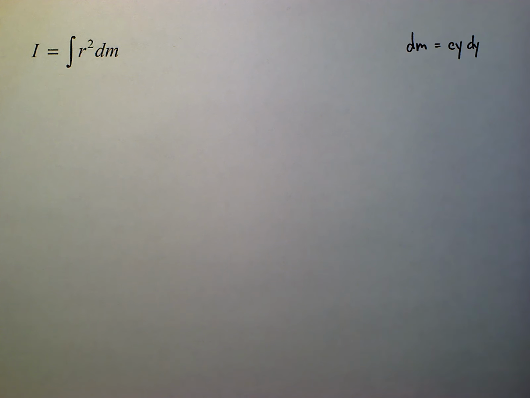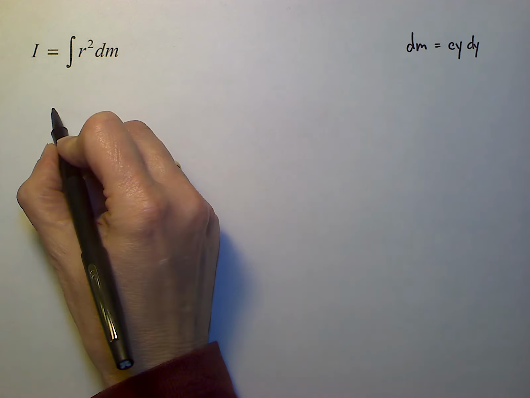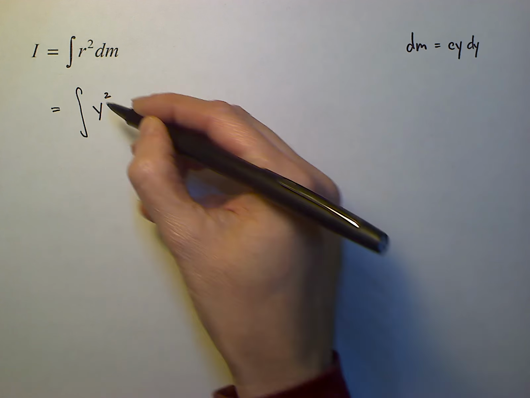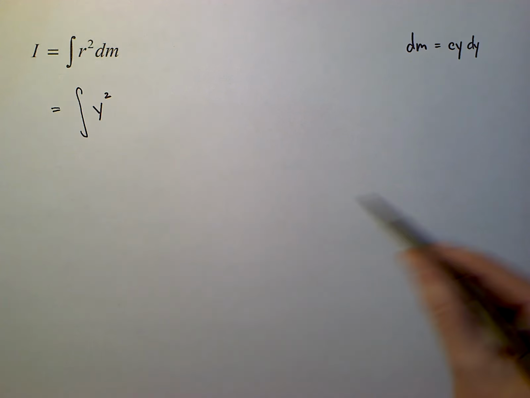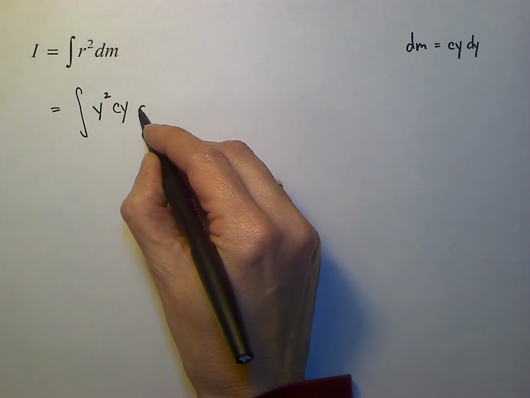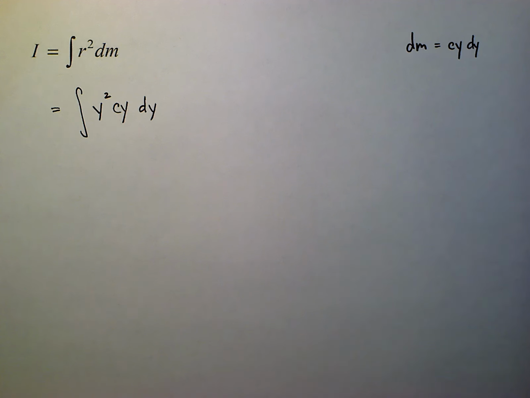All right, and so I'm going to make that substitution here into this formula. I'm also not going to use r, so remember that our diagram uses y as the variable. Okay, so I'm going to use y as well. So let's see what we've got going here. We're integrating y squared, and then dm, I'm going to replace it with this expression, c y, and then our new variable of integration is dy.